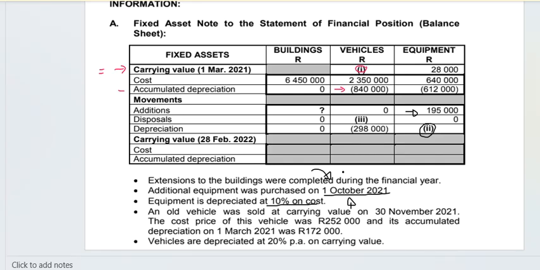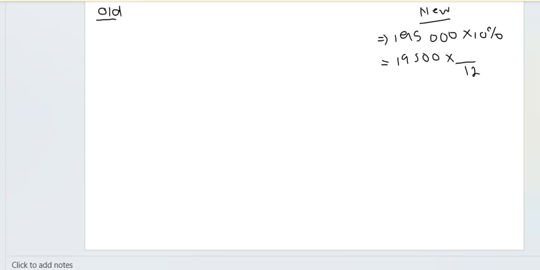So let us calculate. How to calculate it: it is October, because it started on 1 October. So it stays October, November, December, January, February. Then the accounting period ends in February. So it stays 5 months out of 12.